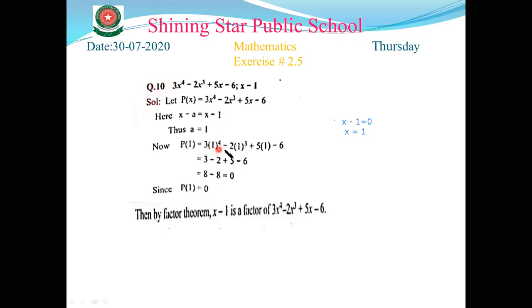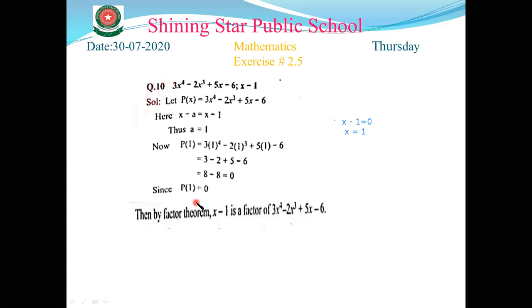3 multiply 1 power 4 minus 2 multiply 1 power 3 plus 5 multiply 1 minus 6. Because of these x, 1 power 4, 1, simple. 1 power 3, again 1. 5 multiply 1, 5 minus 6. 3 minus 2, 1. Okay, 1 plus 5, 6 minus 6, 0.